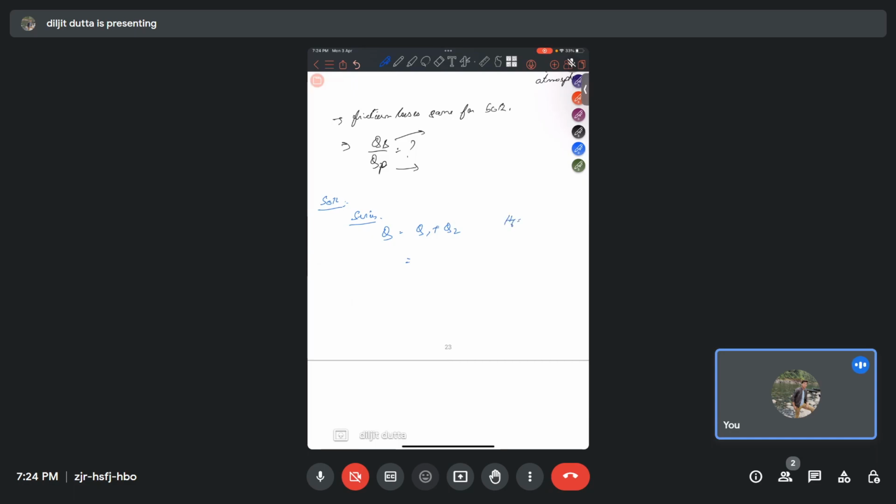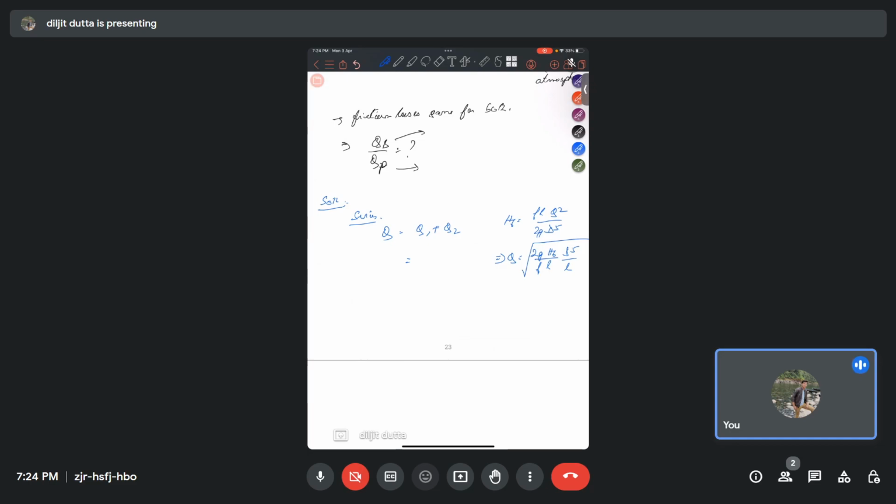Now HF is equal to f L Q squared over the term in d to the power 5. So you have to sum both these terms.